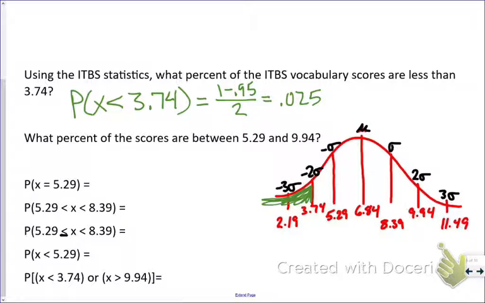All right, let's try some more. So I want to find the proportion of scores. I know it says percent, but proportion is fine also. I guess I should write 2.5% up here. Don't let that be the confusing thing. I start out with proportions.